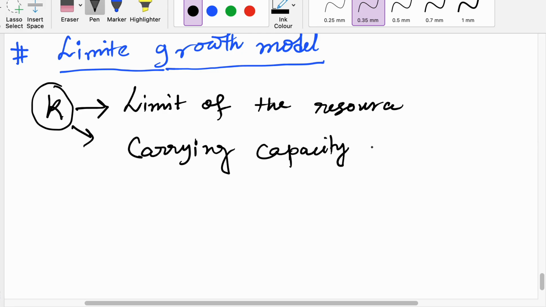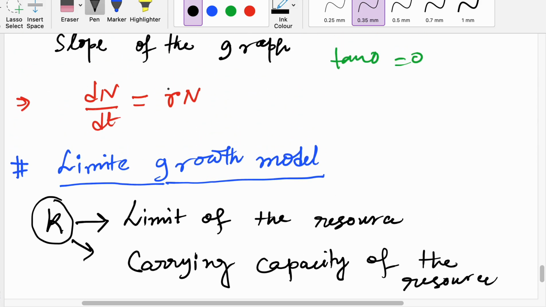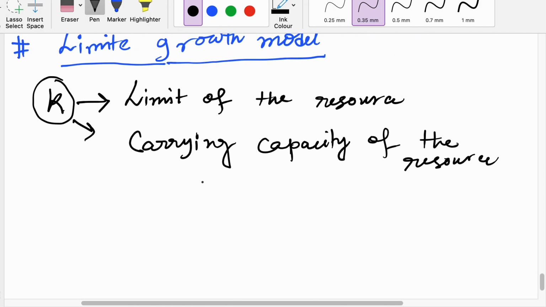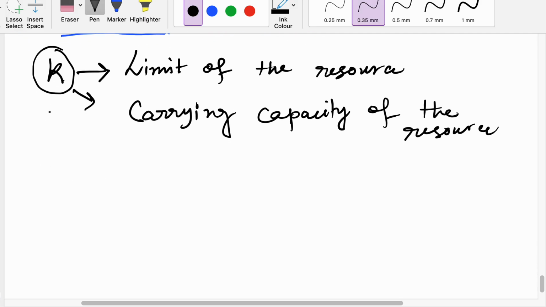Capacity of the resource. And in the case of the other model, the carrying capacity was infinity. Now there is a carrying capacity, the resource cannot sustain as many individuals as we want. What will happen if my population size n becomes k at some point of time? Then the resource available to them is only enough for sustaining them.